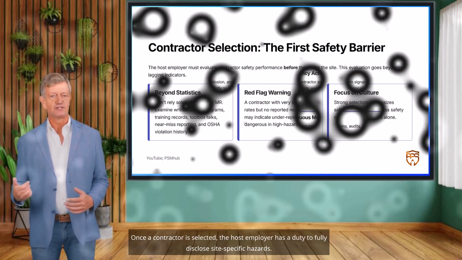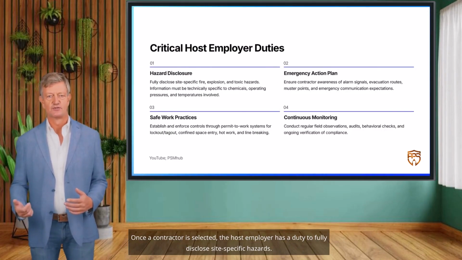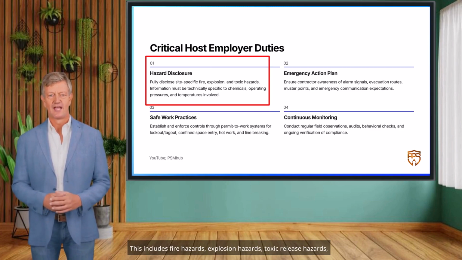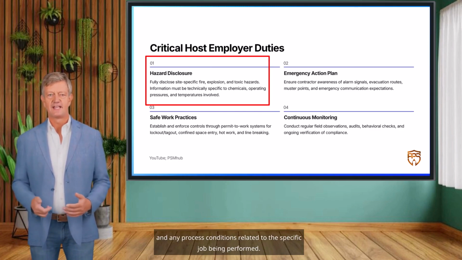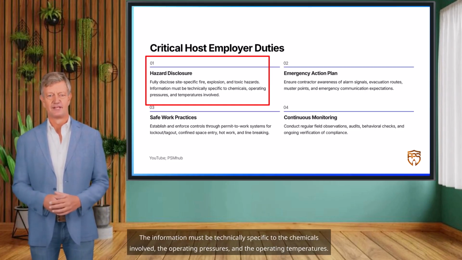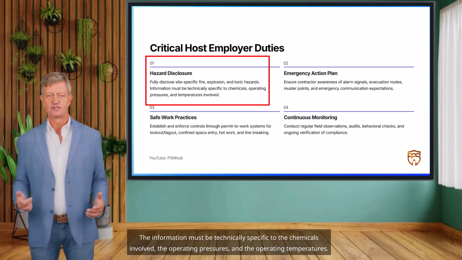Once a contractor is selected, the host employer has a duty to fully disclose site-specific hazards. This includes fire hazards, explosion hazards, toxic release hazards, and any process conditions related to the specific job being performed. This is not a generic HSE induction. The information must be technically specific to the chemicals involved, the operating pressures, and the operating temperatures.